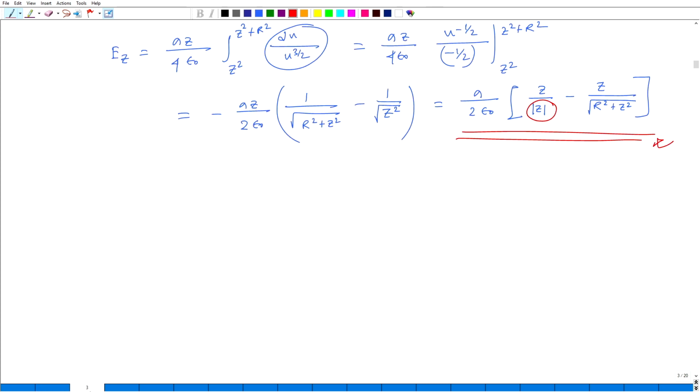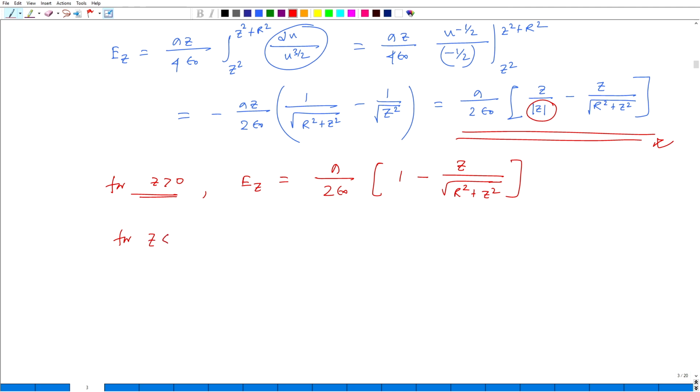So, for z greater than 0, Ez is, the mod z value is z, right. So, sigma over 2 epsilon naught times 1 minus z by square root of r square plus z square, and for z less than 0.